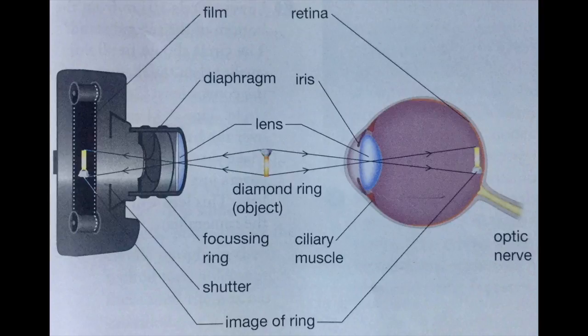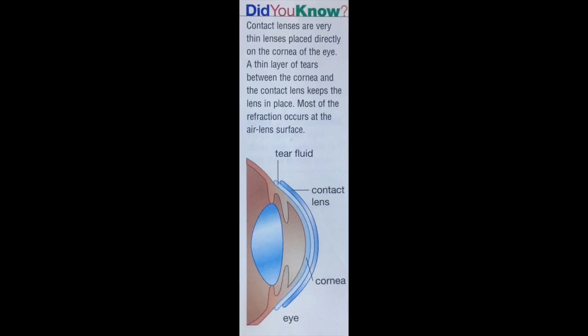The next investigation will refocus what you have learned about the parts of the eye and the camera. Did you know contact lenses are very thin lenses placed directly on the cornea of the eye? A thin layer of tears between the cornea and the contact lens keeps the lens in place.